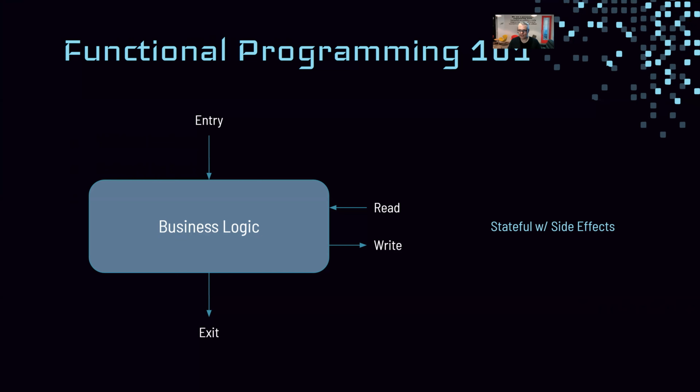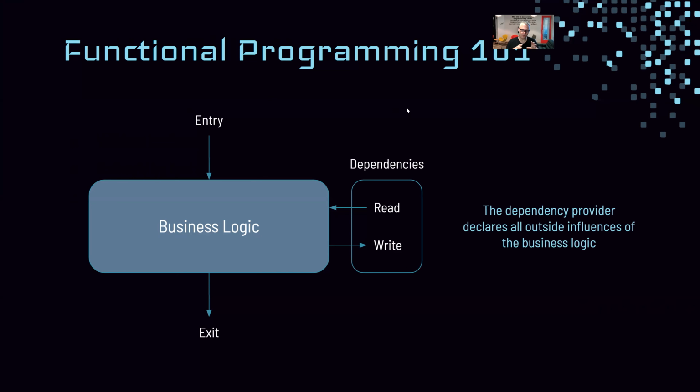And so when we talk about dependency providers, what we're talking about is making those read-write operations just as present and visible as we do with our parameter declarations in our methods. We're making sure that anything that our business logic reads from, be it the parameters or another store, we can control.